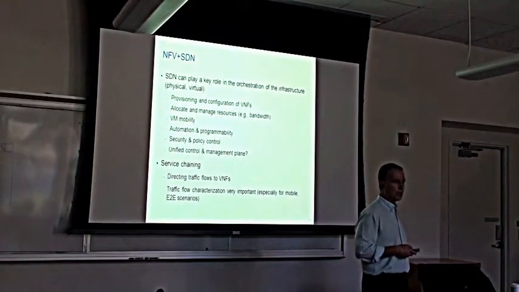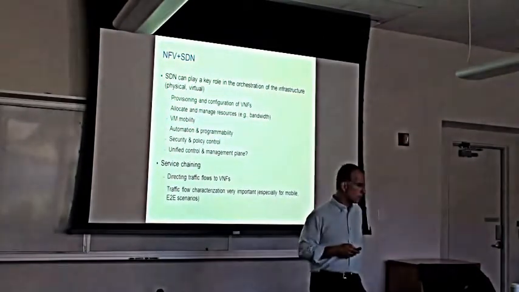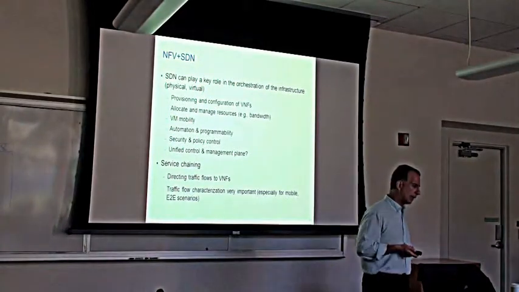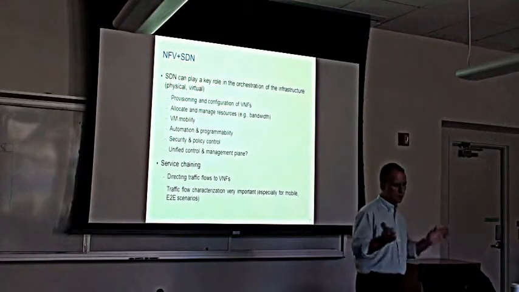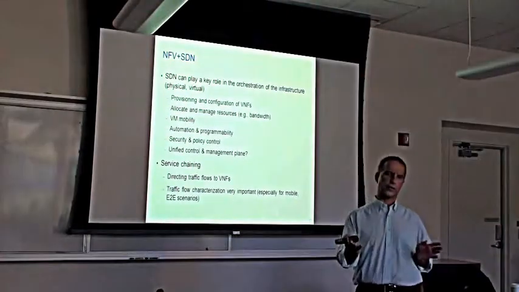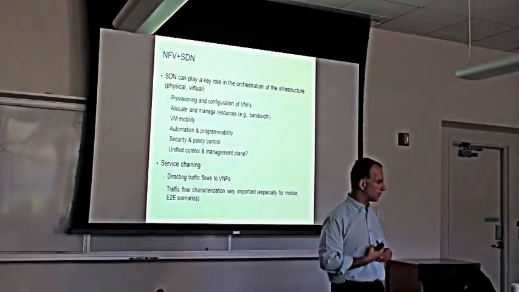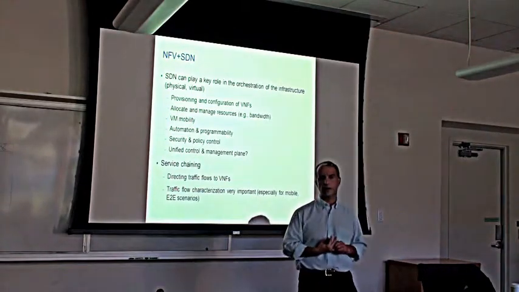Another area where I think SDN can play a key role is service chaining, which is exactly the forwarding graph that I talked about before. Again, you need someone to direct those flows to VNFs. And though most of you are familiar, obviously, we work with OpenFlow.